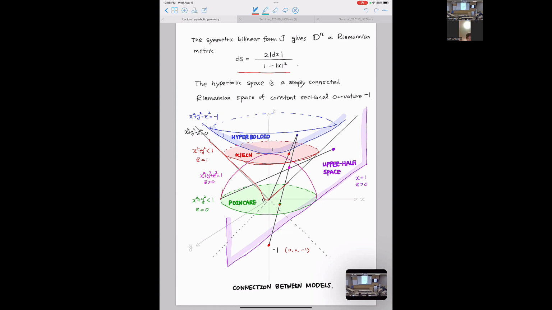Then, by using stereographic projection from this point, you can find the upper half-space model. Anyway, there are many models for hyperbolic space, and we will use one of them for our purposes.